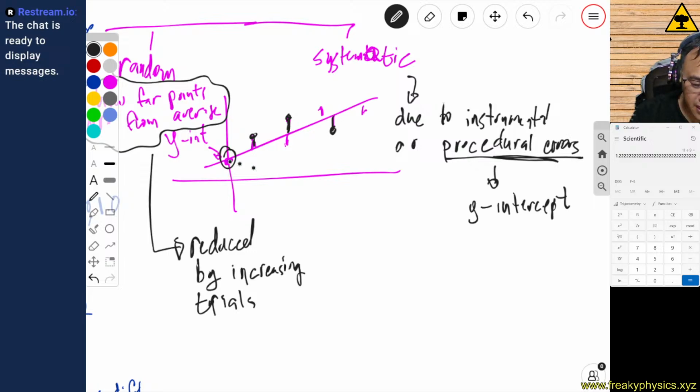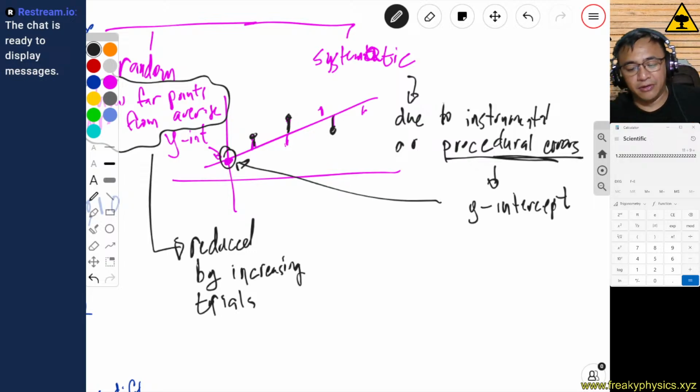Now, if you have a procedural error, this will leave you a y-intercept, and that y-intercept is going to be your systematic error due to procedure. In other words, you can reduce systematic error by proper analysis of your data.